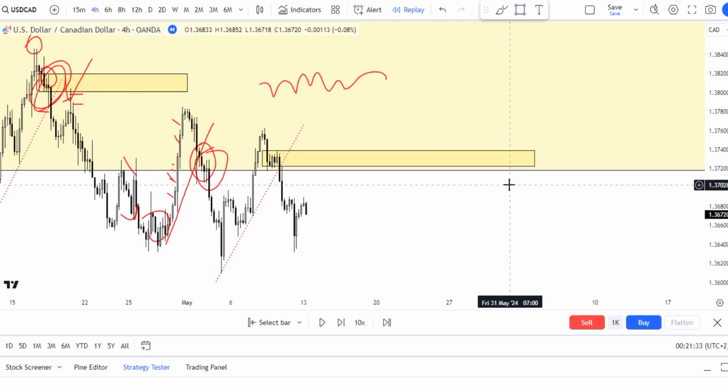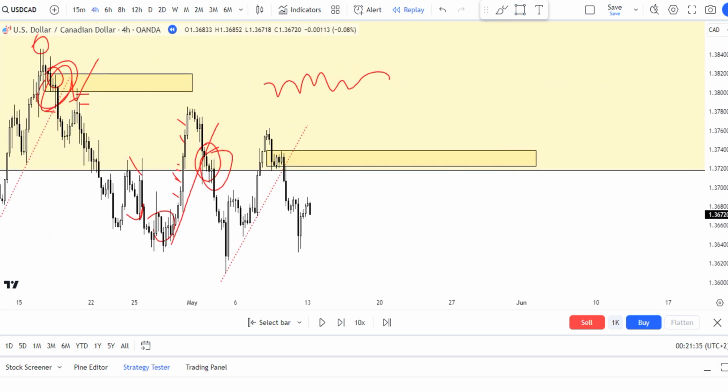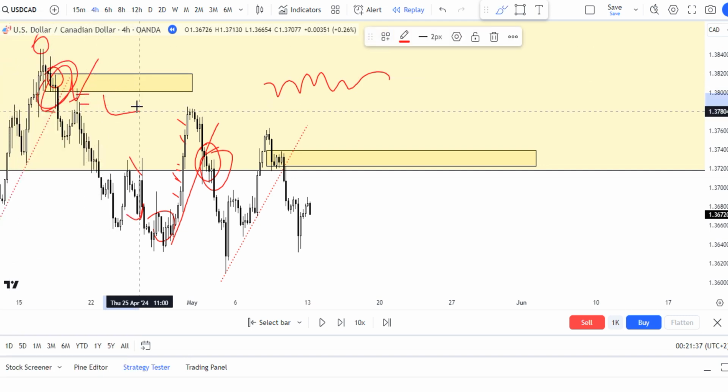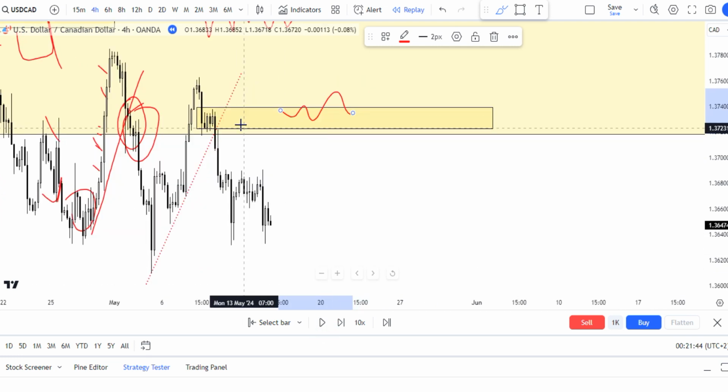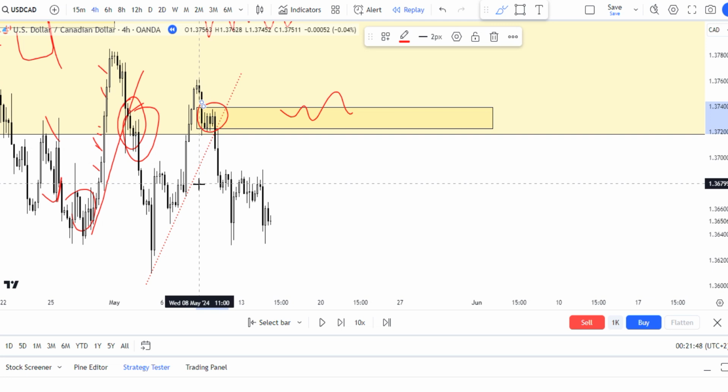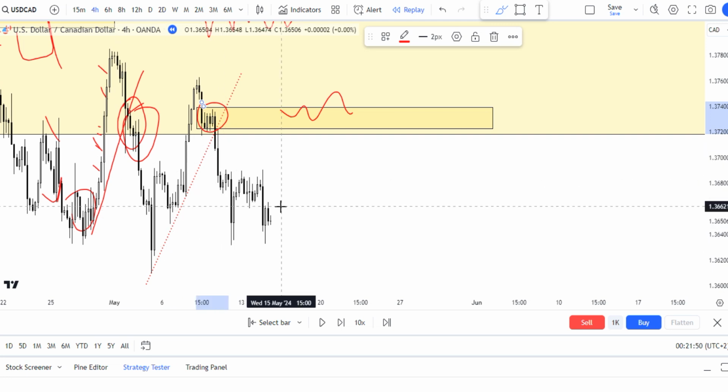Let's say in this imbalance we made 4R. Now we place another order here. As you can see, this move here, this order block, broke the trend line with great force. So we're going to place a trade here.